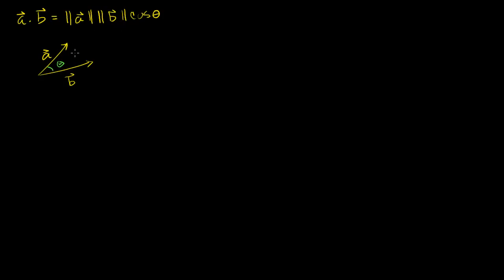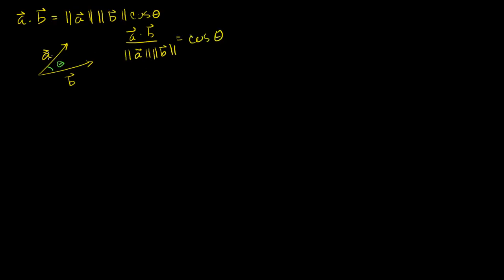And actually, if you ever want to solve, if you have two vectors and you want to solve for that angle, and I've never done this before explicitly, and I thought, well, I might as well do it right now, you could just solve for your theta. So it would be a dot b divided by the lengths of your two vectors multiplied by each other is equal to the cosine of theta.